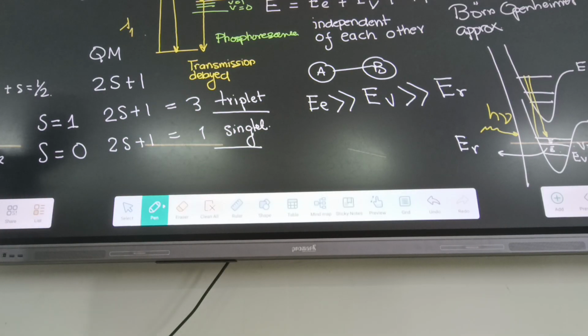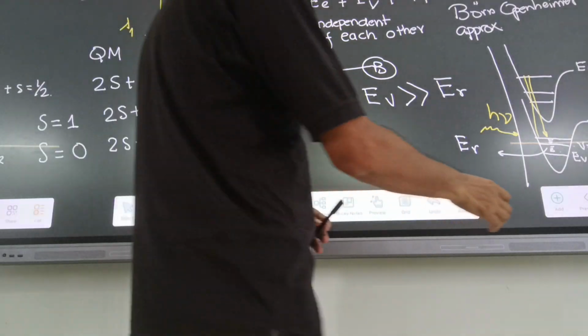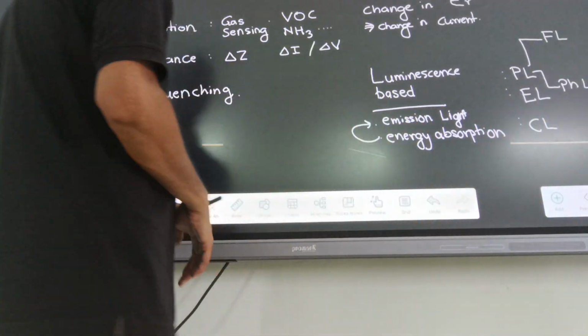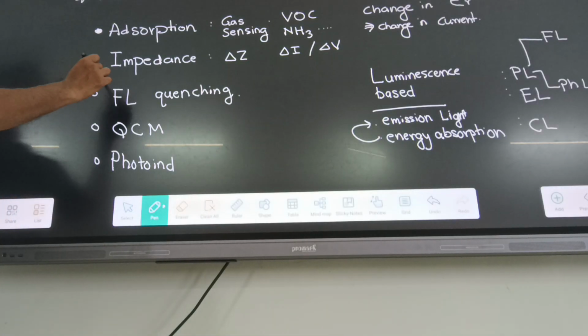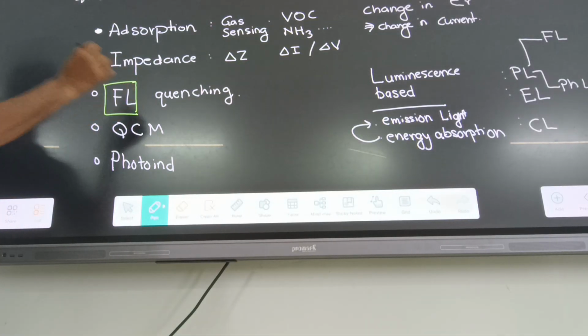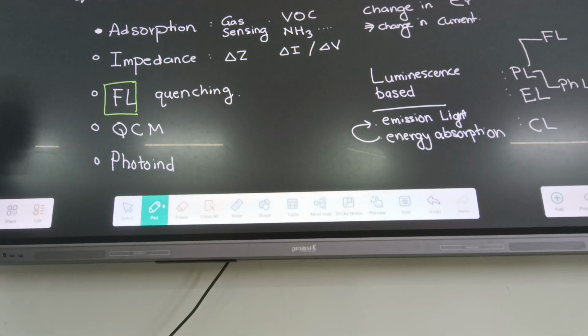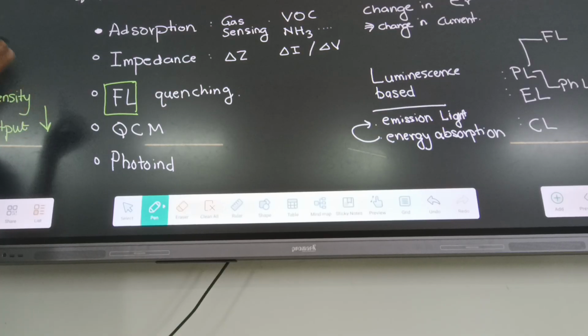Now, what happens in the case of an MOF is there is fluorescence quenching. Fluorescence quenching का मतलब है the intensity of the output goes down. Why does it go down?